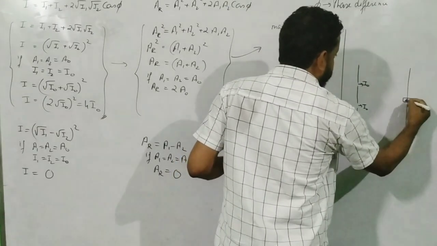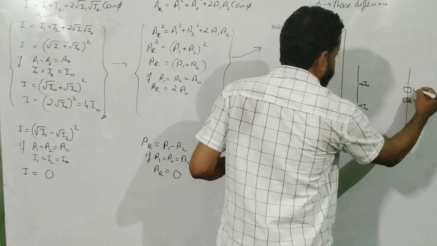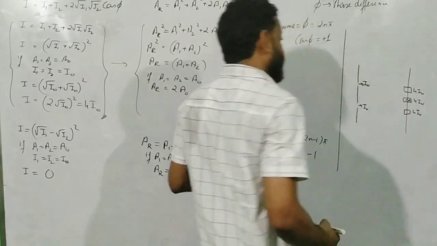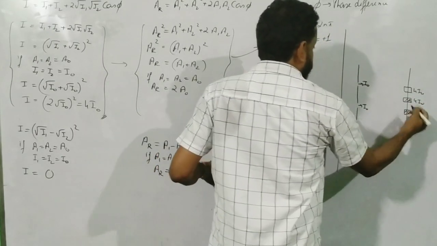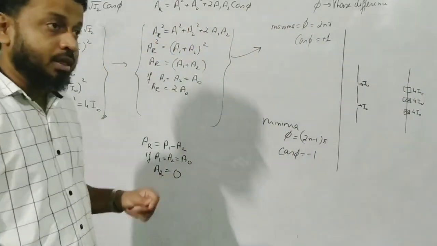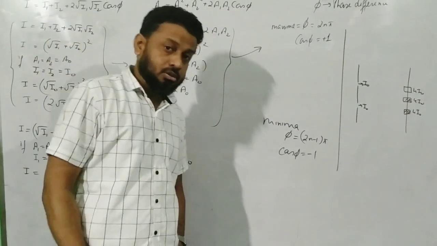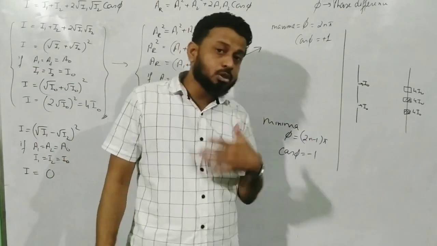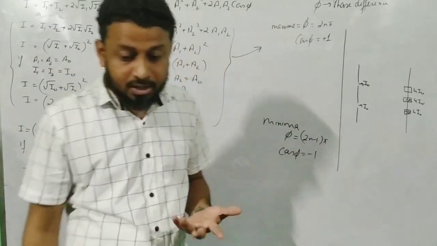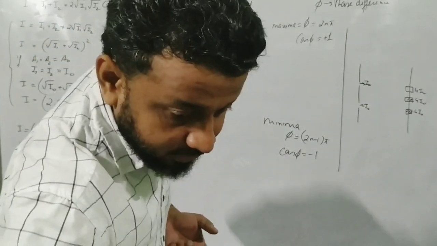I expect a bright fringe here of 4 I naught, then another bright fringe of 4 I naught, then another bright fringe of 4 I naught, and so on. And there are dark fringes also. So here they ask a question: does YDSE violate the principle of energy conservation? I naught was supposed to give you 2 I naught, but it is now giving you 4 I naught. So does it violate the energy principle? The answer is no, it does not violate the energy principle.